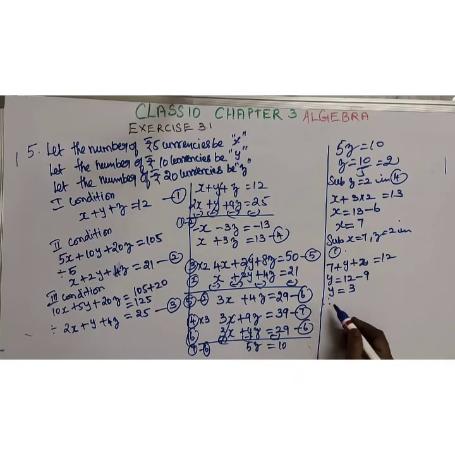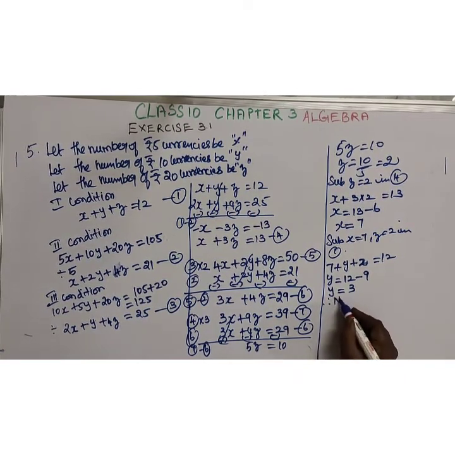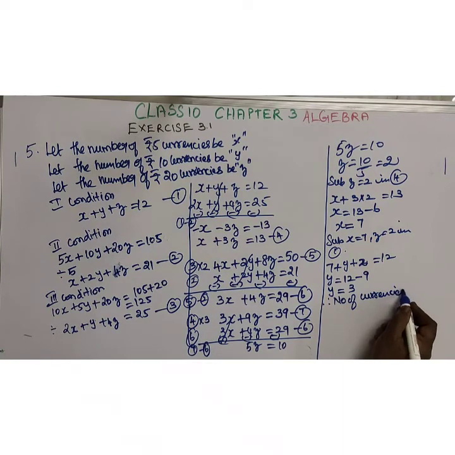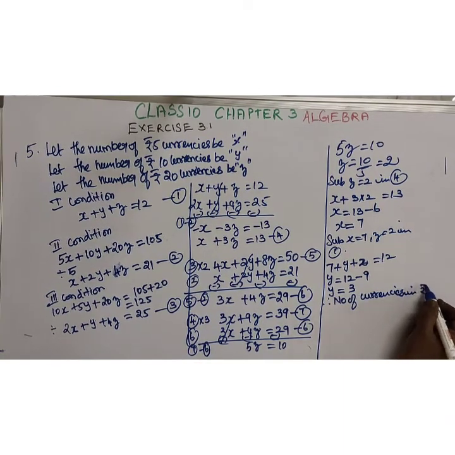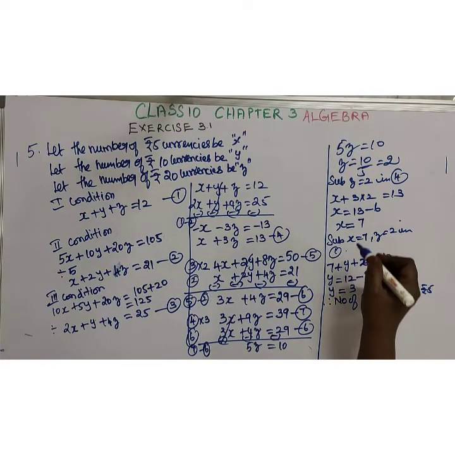Now therefore, number of currencies in rupees 5 is, we have assumed that as X, so X value is 7.